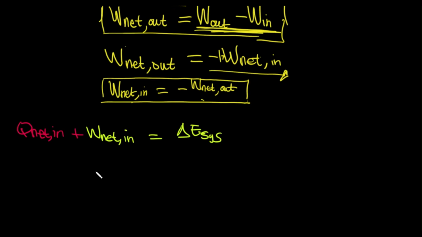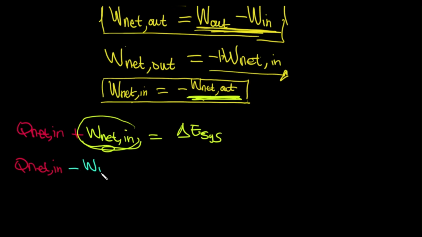But what we want is the work being extracted from the system, which is work net out. So we can rewrite this expression in terms of work net out. Now this becomes Q net in minus work net out is equal to changes in the energy of the system.